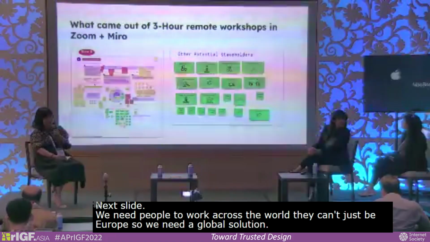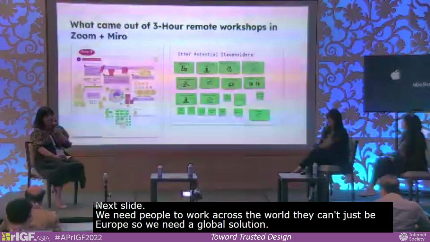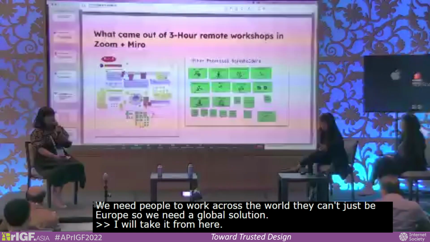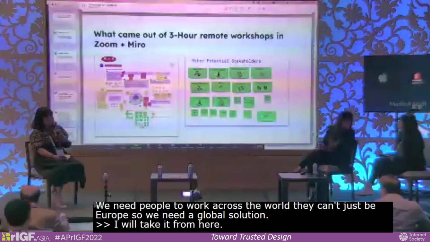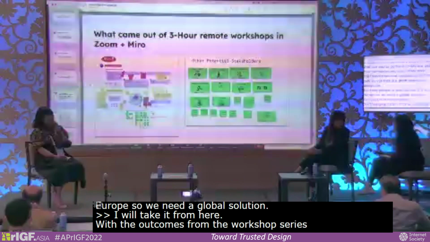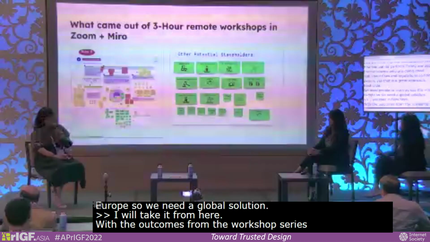So I will take it from here to discuss one of the outcomes from the workshop series of the Tech Policy Design Lab, which is some draft of the principles and guidelines that we're working on. Can you go to the next slide, please?